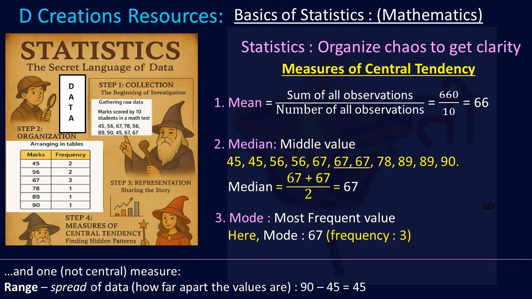So now you have your table ready. You have organized the data in ascending order as well as with respect to the frequency. And since there are 10 numbers in total, obviously the addition of all the numbers which are listed under the column frequency is going to be 10.